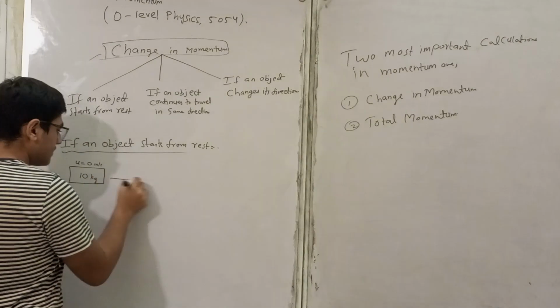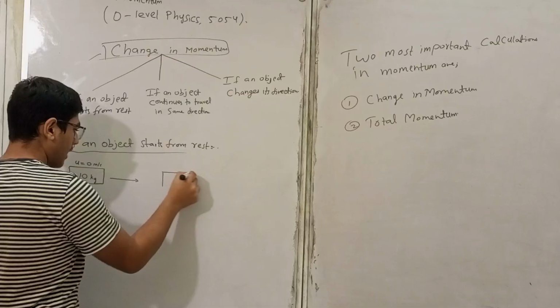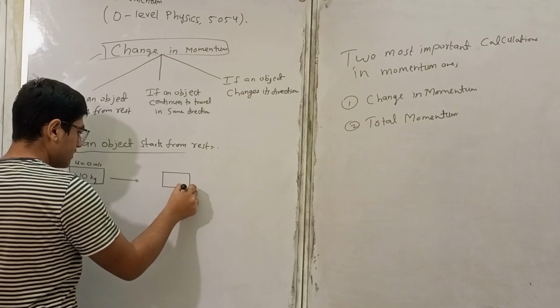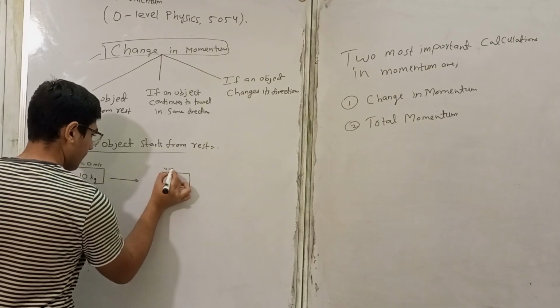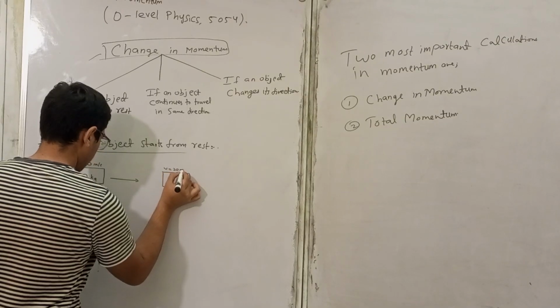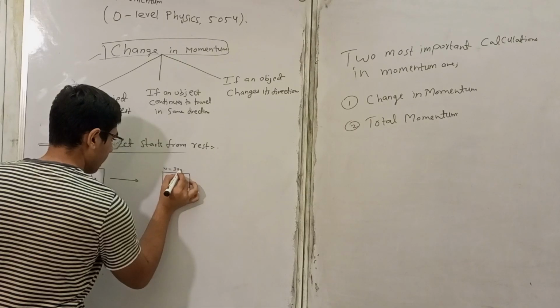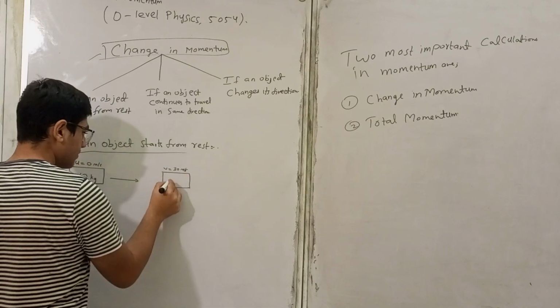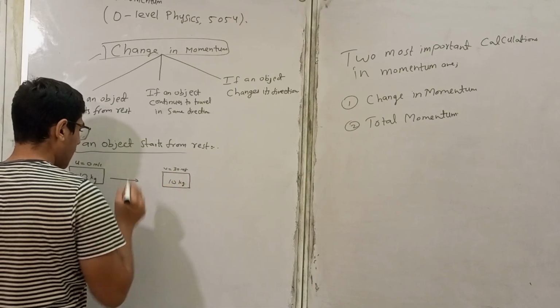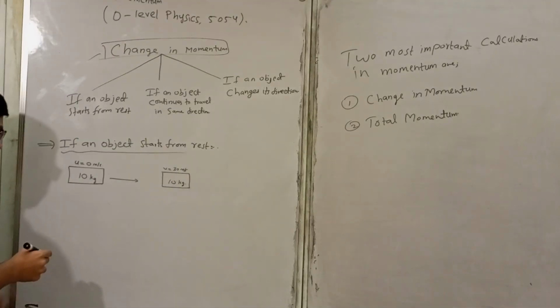It starts to move in this direction, and after some time it gains a speed of 30 meter per second. Its mass will remain constant. Now we have to calculate change in momentum.